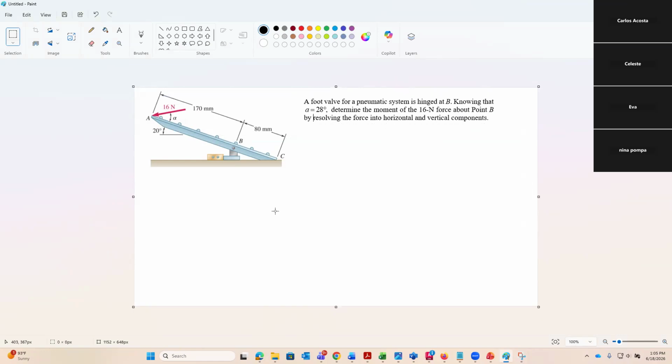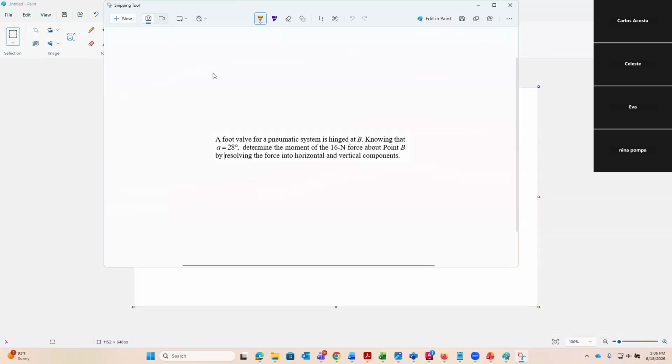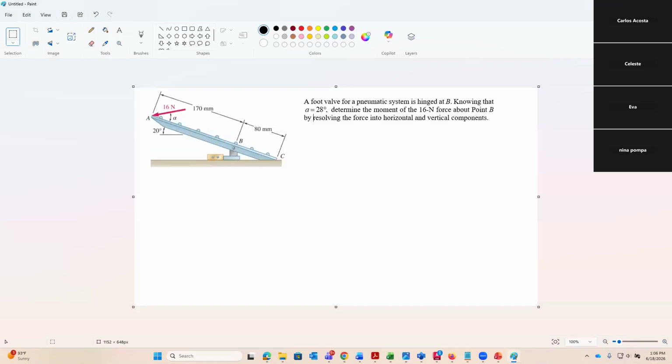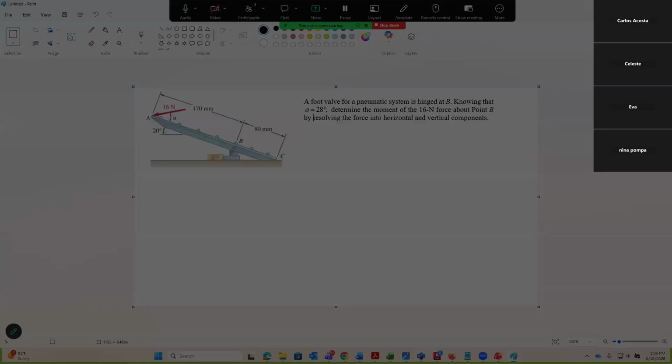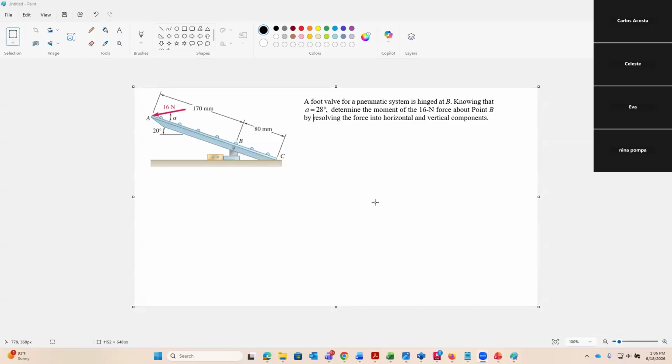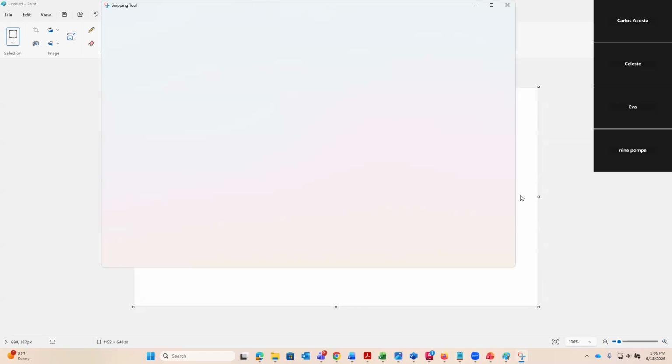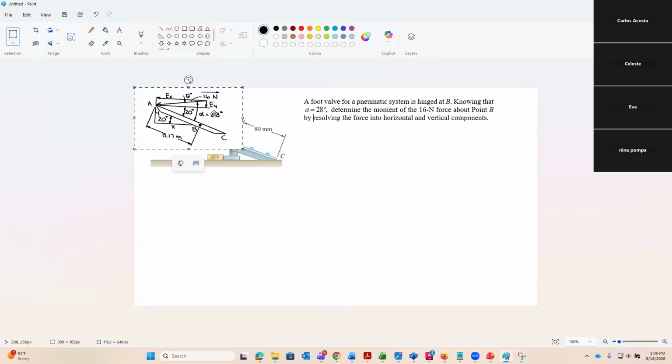An actuator, which is a foot valve, is hinged at B, knowing that alpha equals 28 degrees, determine the moment of the 16 Newton force at B. All right, so I'm going to place the free body diagram right here.